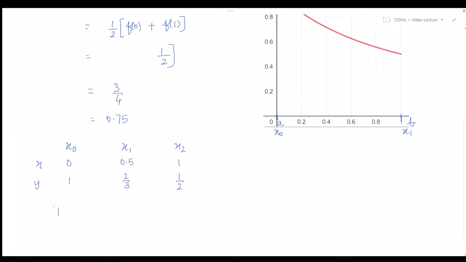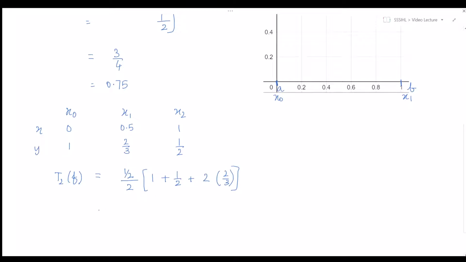Now the trapezoidal rule gives T2 of f as h by 2, where h is 1 by 2, into y0, which is 1, plus yn, that is y2, which is 1 by 2, plus 2 into 2 by 3.